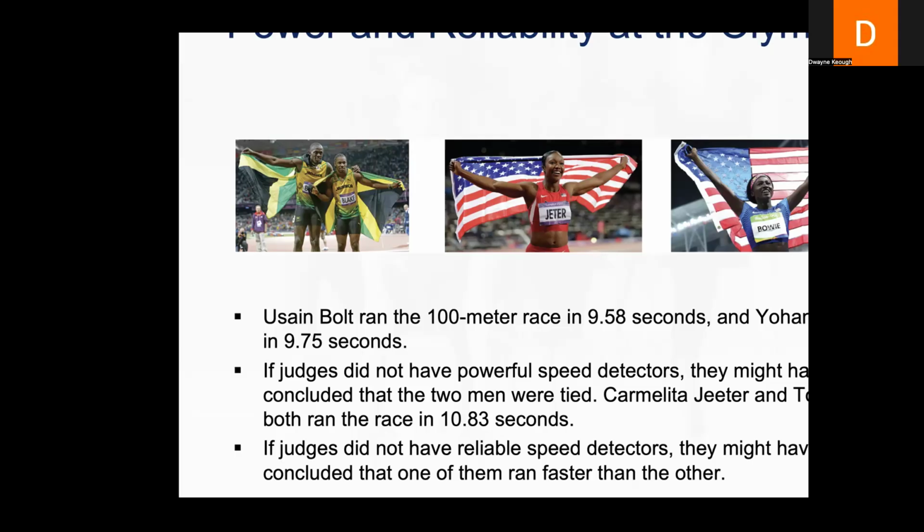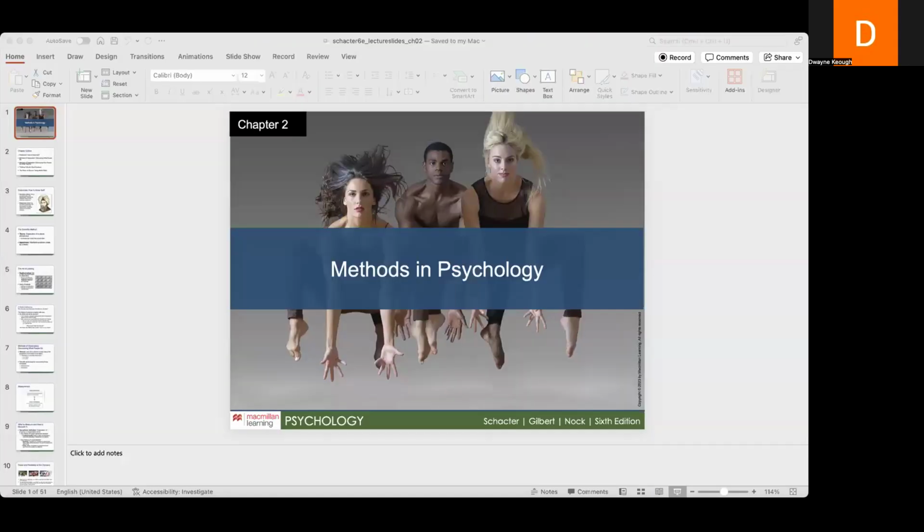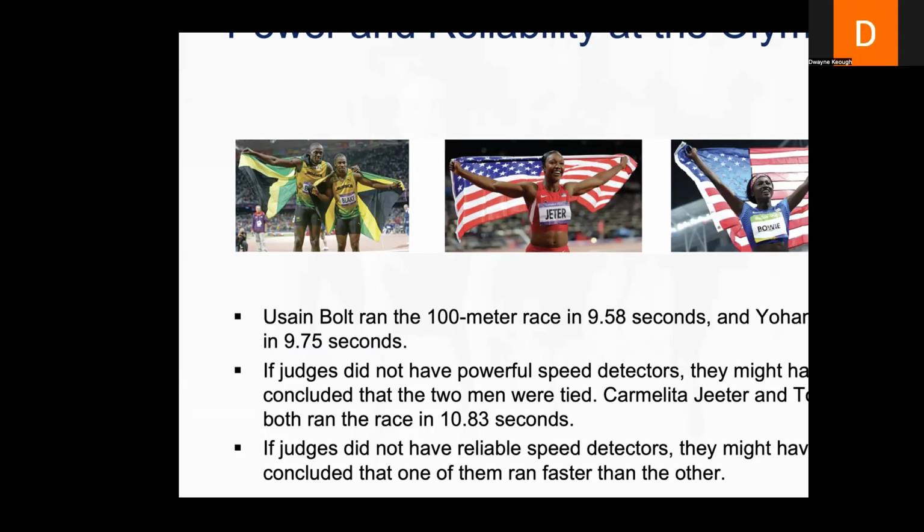Then you might think, well, 9.58 is way faster than 9.75, but look it up on YouTube, watch it, and try to see what that difference really is. If the judges themselves don't have powerful detectors like lasers for when they cross the line, they may have mistakenly concluded that the two men were tied.